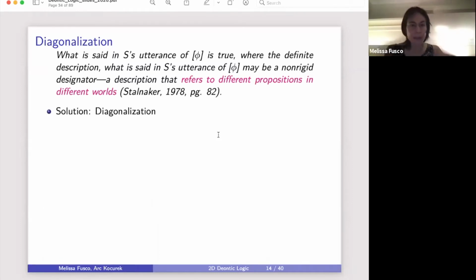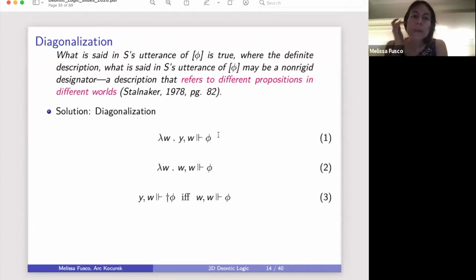He gives a meta-linguistic gloss on it. What is said in S's utterance of phi is true, where the definite description, what is said in S's utterance of phi, may be a non-rigid designator, a description that refers to different propositions in different worlds. So the solution is, when you don't know what was said because you don't know what the world is like, you have this free parameter when you're trying to interpret the proposition expressed by phi.